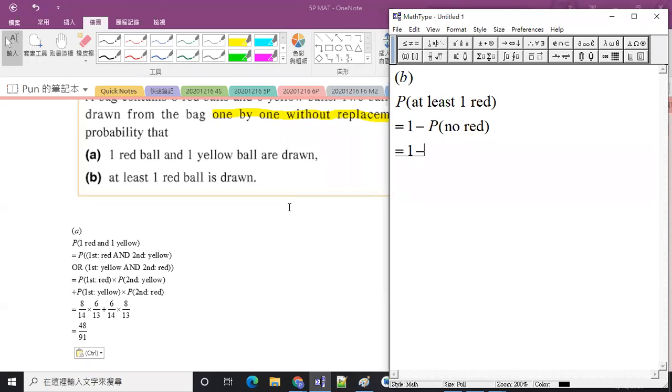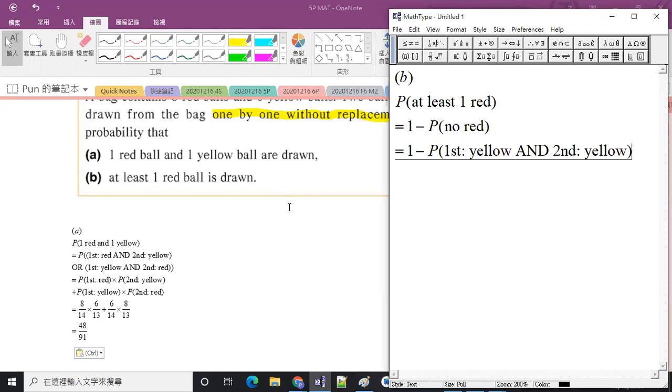Okay, and what is meant by no red ball in terms of first and second? When 2 balls are no red balls, which means that the first one should be yellow, and the second one should also be yellow. Can you see this? So that is the meaning of no red balls.